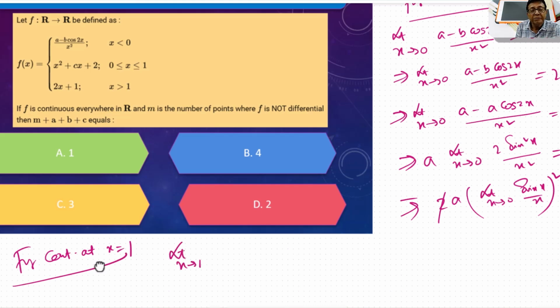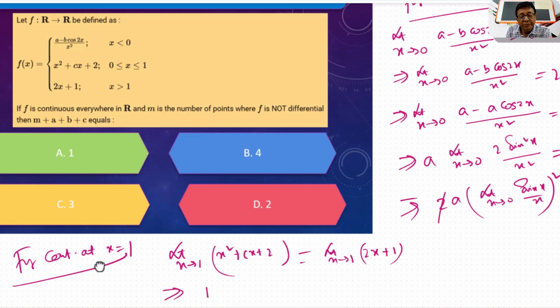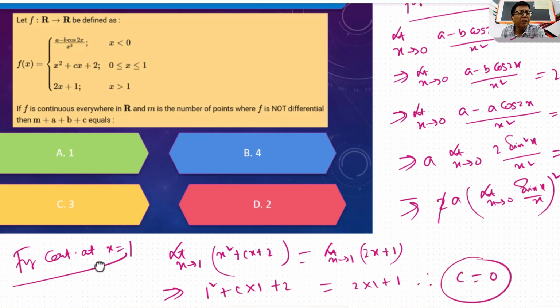Limit x tending to 1 of c x plus 2 must be equal to limit x tending to 1 of x square plus x plus 1. So this implies 1 square plus 1 plus 1, and c is coming to be 0. Okay.